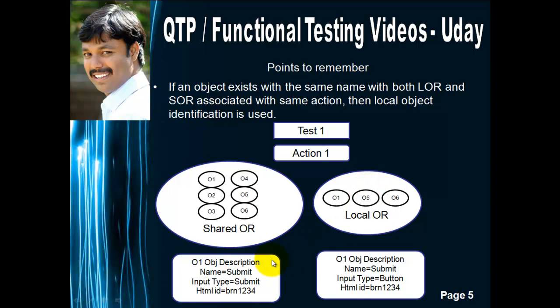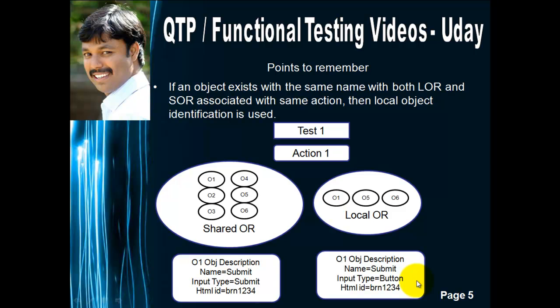Because these two are separate object repositories, there are chances that they may have different descriptions. As you can see, the description for O1 in the shared object repository is name is submit, input type is submit, and HTML ID is brn1234. Whereas the same object has a different description in the local object repository, where name is submit, input type is button, HTML ID is brn1234.